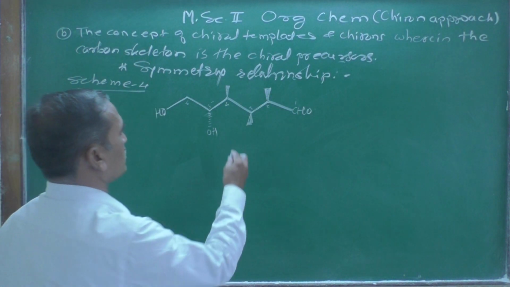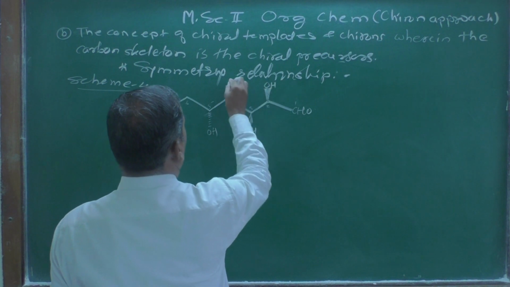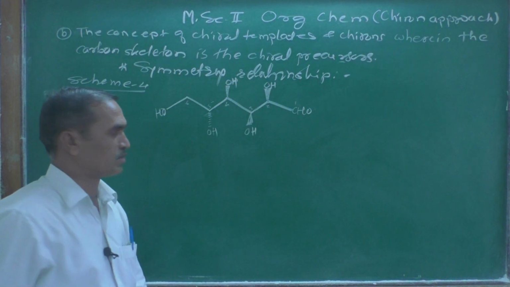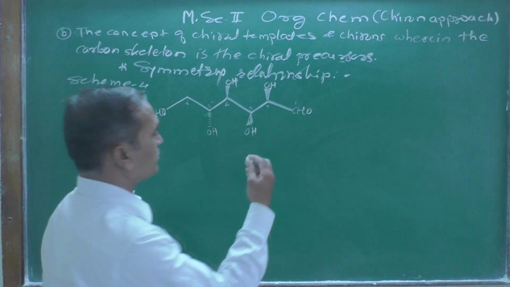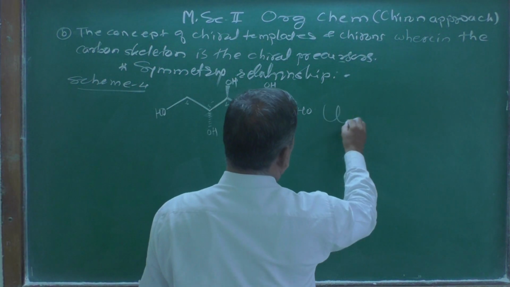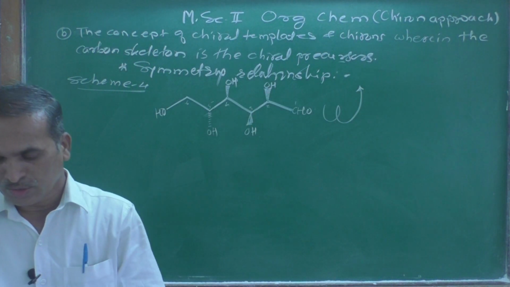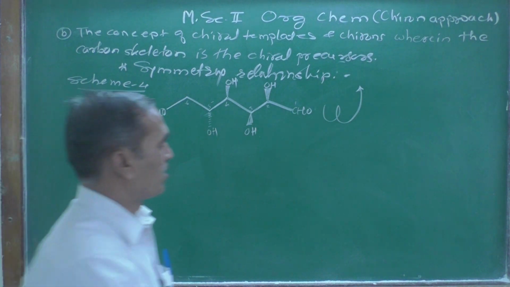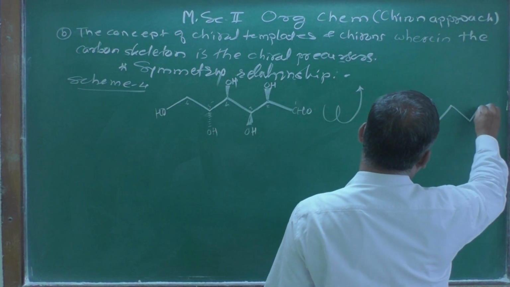So this is the structure of open chain glucose, D-glucose. This is the structure of D-glucose, right? And now this would be shown like this, and this structure we can represent in another way. Here 1 2 3 4 5 and 6.